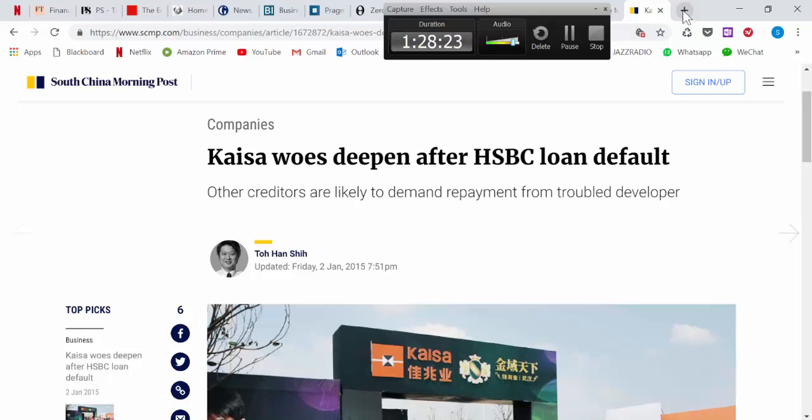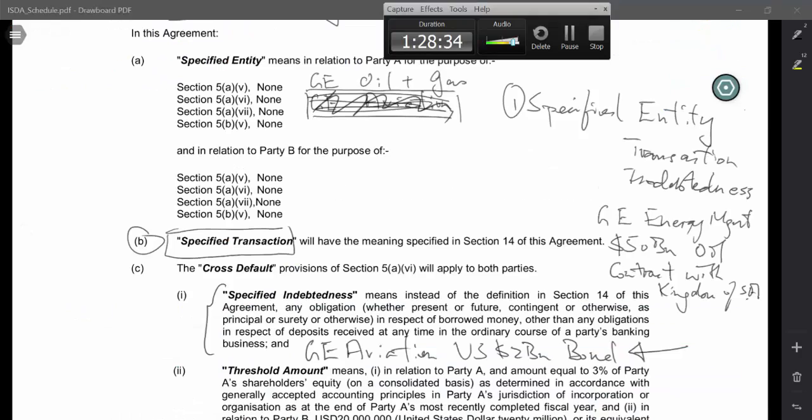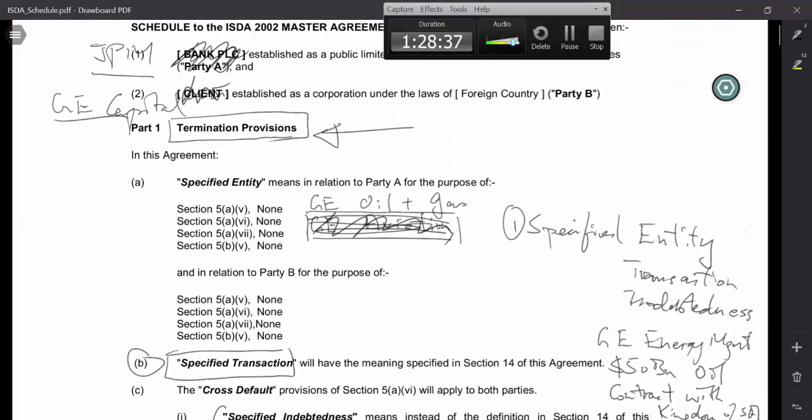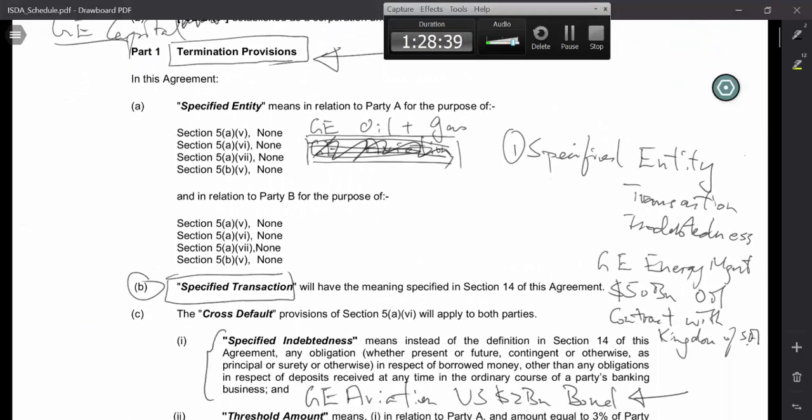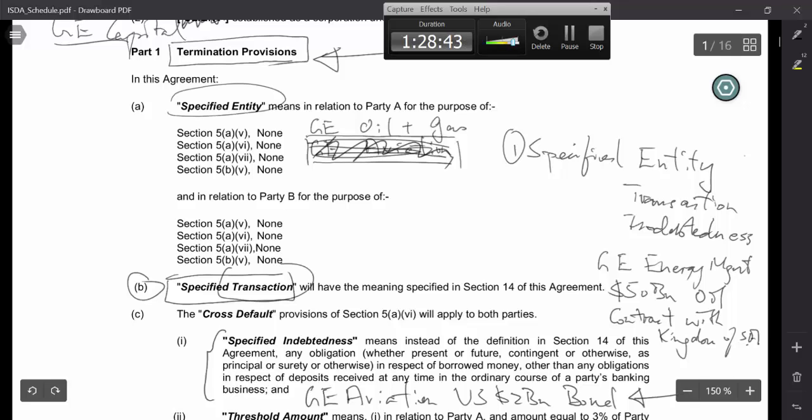So it's actually an interesting case worth looking into. That's on cross default. Now, for the schedule, like I said, there's a specified entity, specified transactions, specified indebtedness.